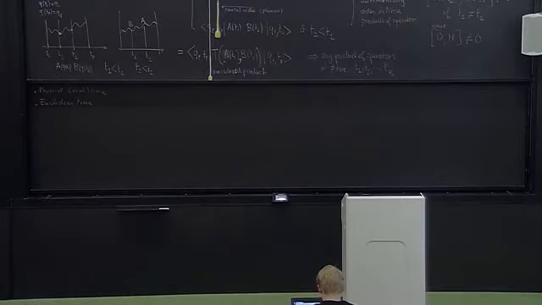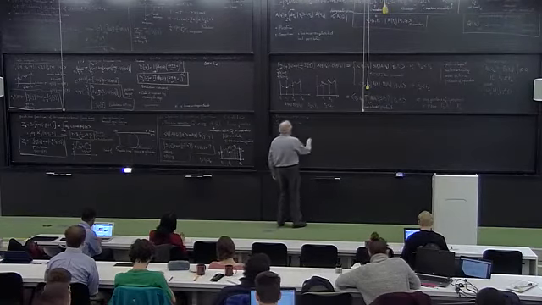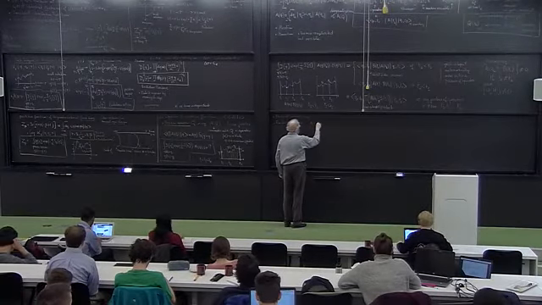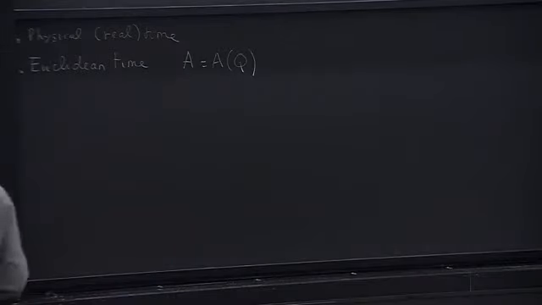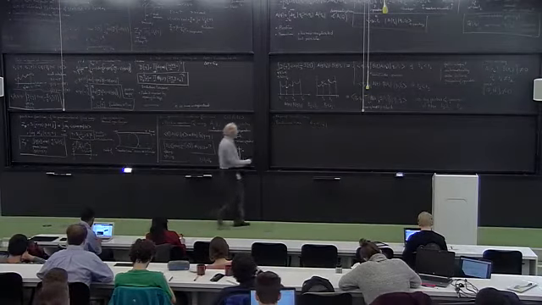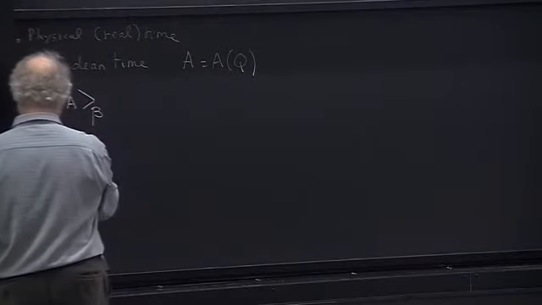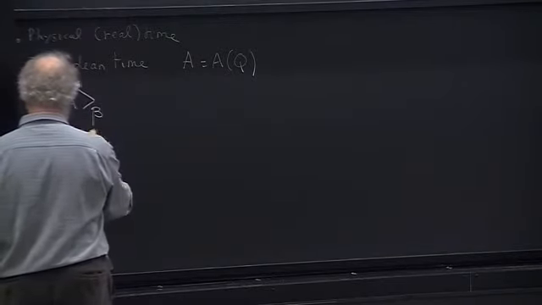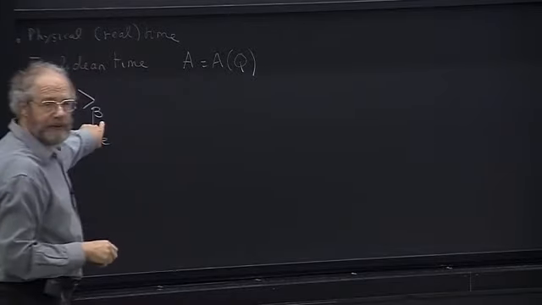Let's go back to the same quantum system at finite temperature, and we are interested in some operator A, which is a function of Q. We are in a steady state of thermal equilibrium, and we are interested in the expectation value of the operator A in a Gibbs state characterized by the temperature, by the Boltzmann factor beta.